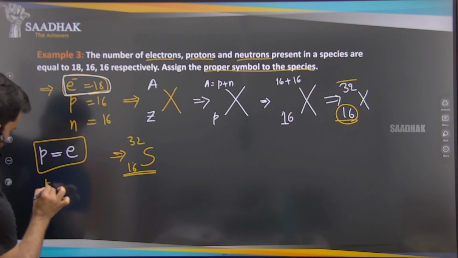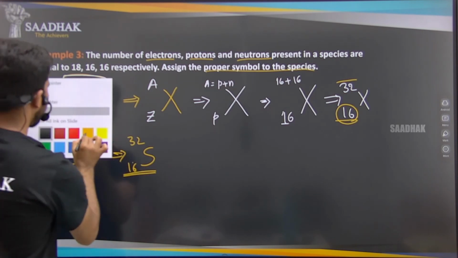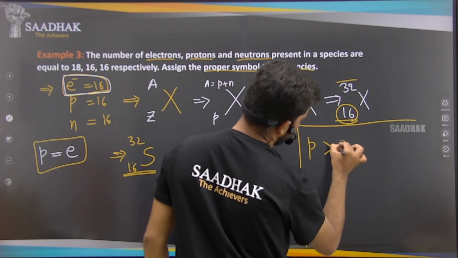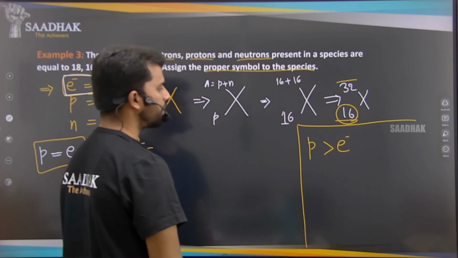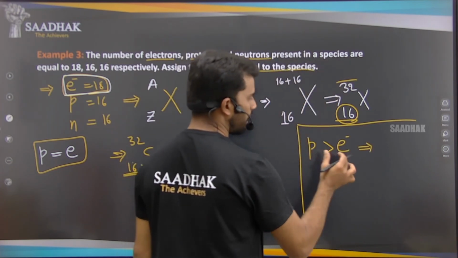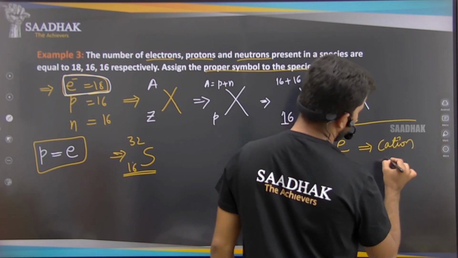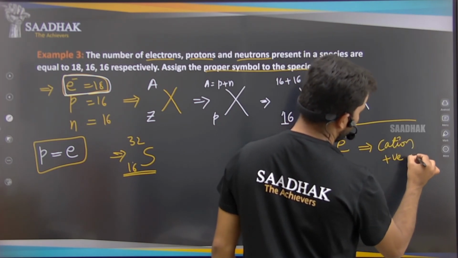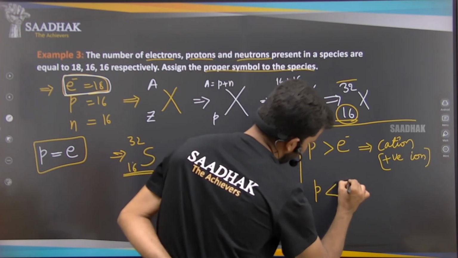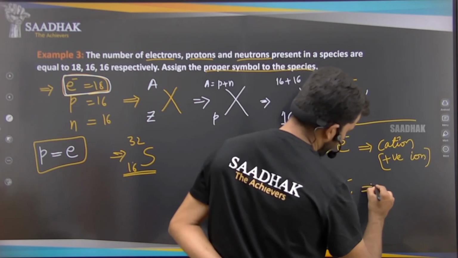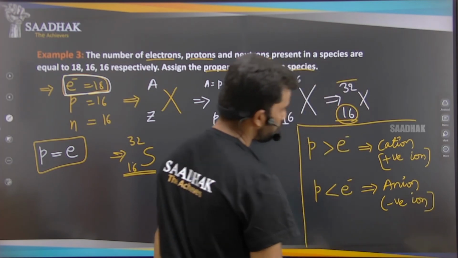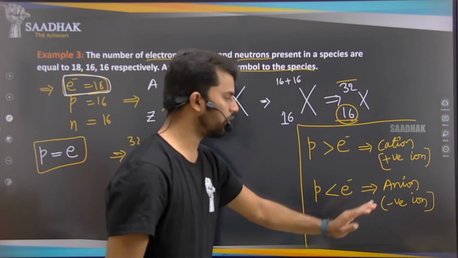If the protons are greater than the electrons, what happens? The electrons are very few, so this atom will form a cation, which is nothing but a positive ion. And if the protons are smaller than the number of electrons, then this will form an anion, which is nothing but a negative ion. So how do we find this cation or anion here?